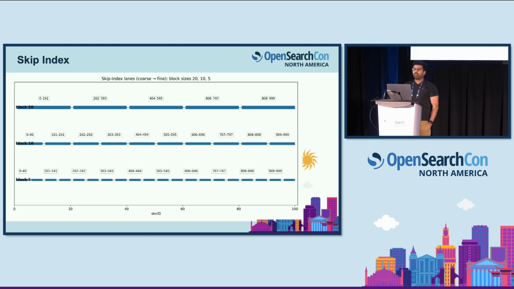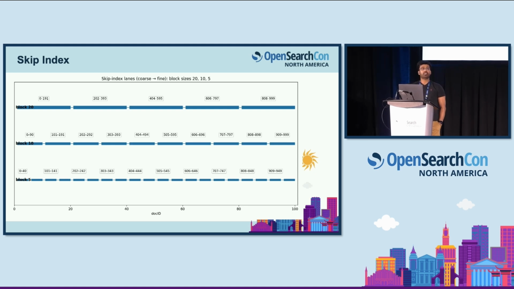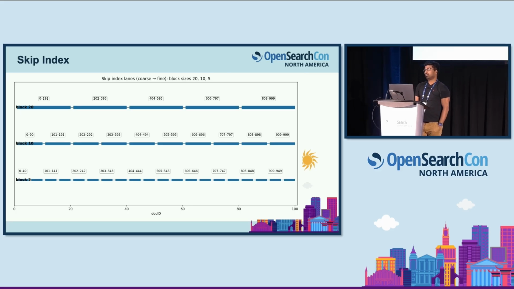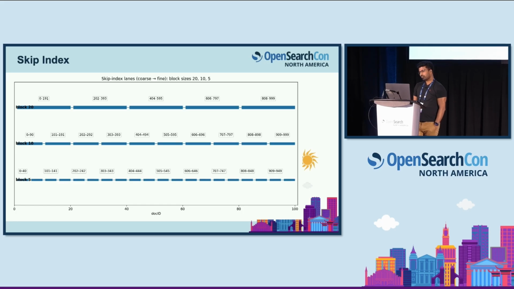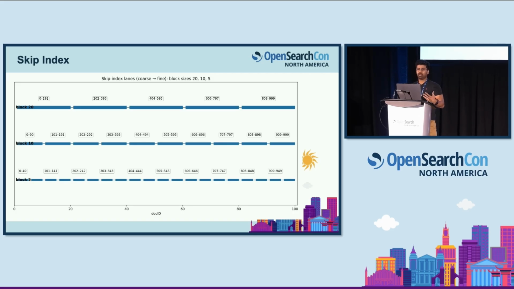So this is where the skip index comes into play. As part of Lucene 10, Lucene added something called skip index on top of doc values. Skip index is a data structure very similar to a skip list.